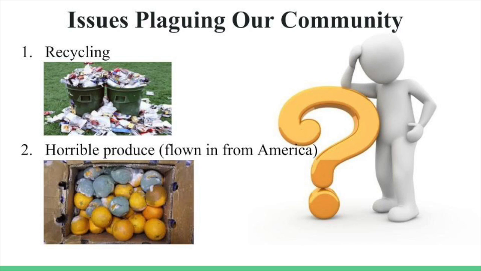The second issue pertains to poor quality produce that is provided to us by our local commissary. Being that our location is the furthest south of all U.S. military installations in Japan, we receive the last shipment of supplies. Produce, when it arrives at us, is usually in a horrible state. This forces a lot of Americans to shop off base.